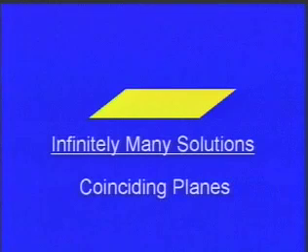So far you've seen we could have one solution, no solution, or infinitely many solutions. There's another way that you can get infinitely many solutions with three planes as well. Besides having the three coincide, you could have an intersection. As you see, the three planes intersect in a line.